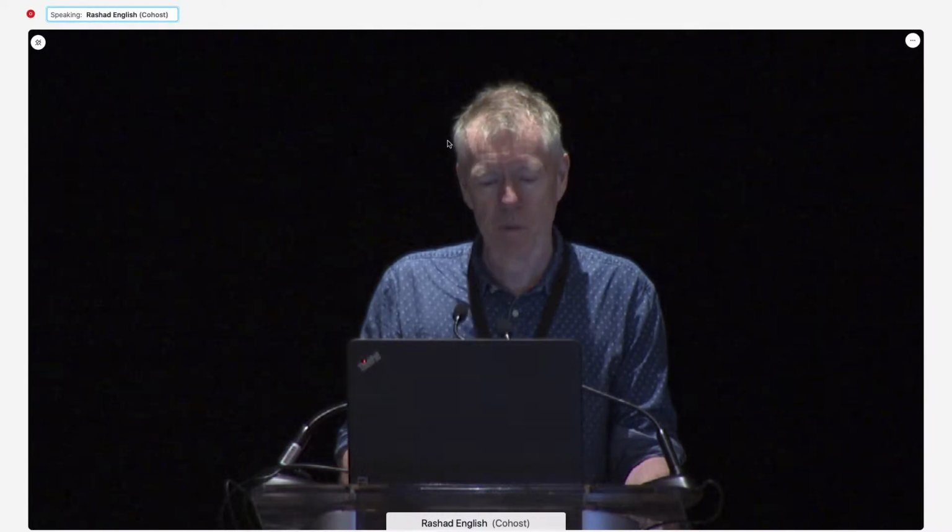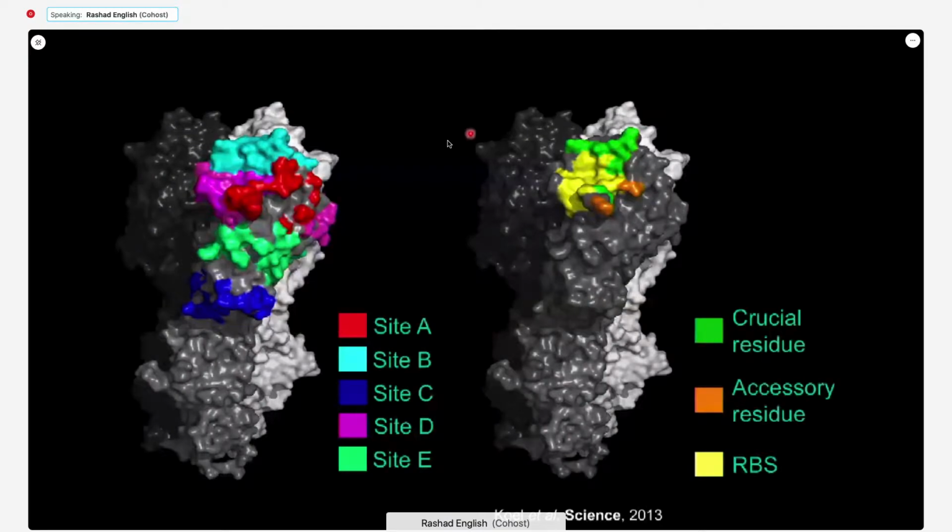The next bit of other stuff is to look at where the amino acid substitutions are that cause the major antigenic change that is seen by these assays. This is the flu trimer with the antigenic sites, the 130 odd, I think, amino acid locations colored on the left-hand panel for the different antigenic sites.